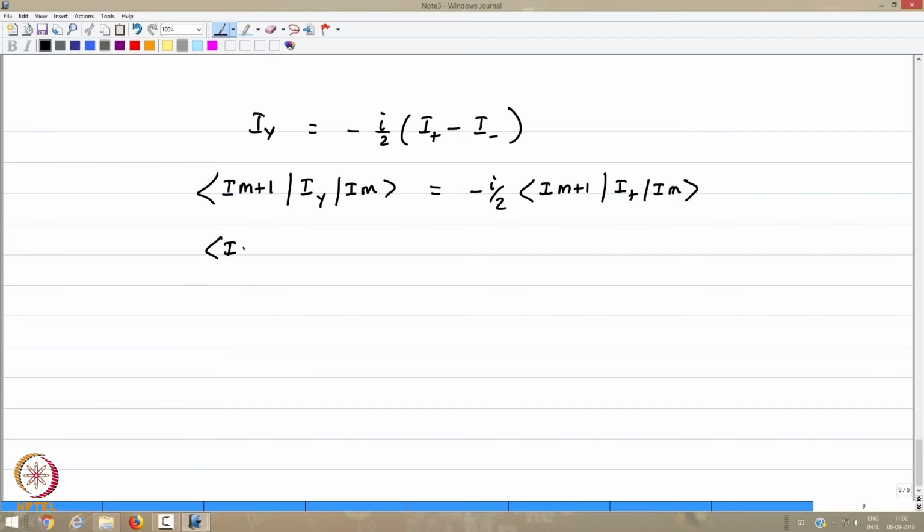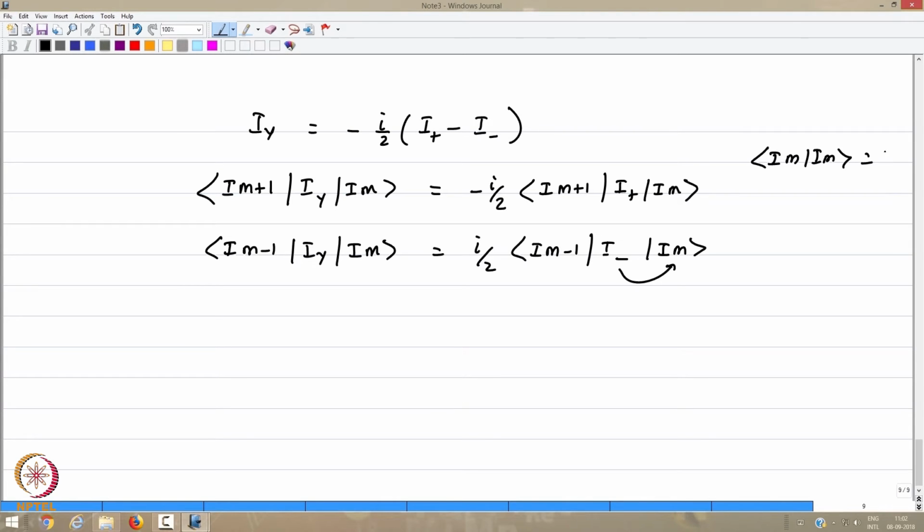And Im minus 1 on Iy on Im will be, there is a minus sign here, so it will be plus I by 2, Im minus 1, I minus on Im. I minus on Im lowers it by one value, and therefore, the normalization property of the states Im is 1. That takes care of it, and therefore, you can write the same thing as Im minus 1, Im minus 1, that is also 1, for any value of m which is the same on both the bra and ket states.